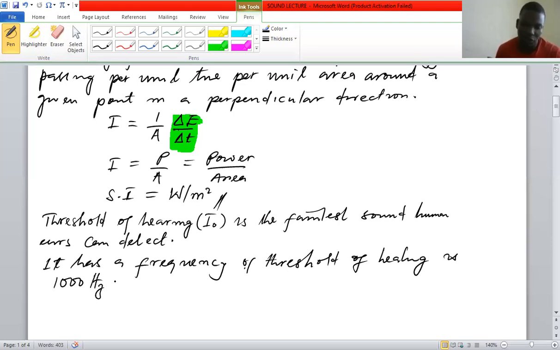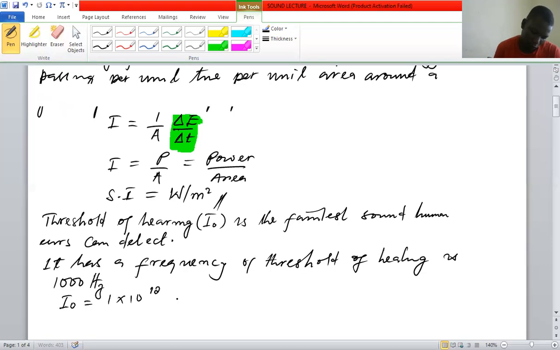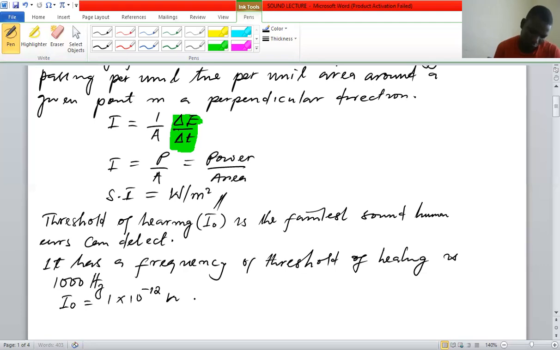Okay, so that's the frequency, and this frequency gives us the intensity, the threshold of hearing intensity of about 1 by 10 to the power negative 12.